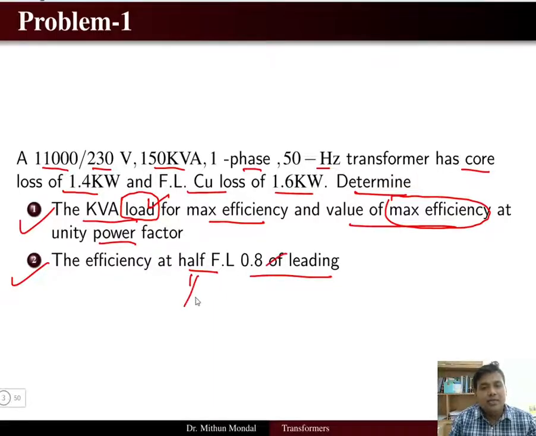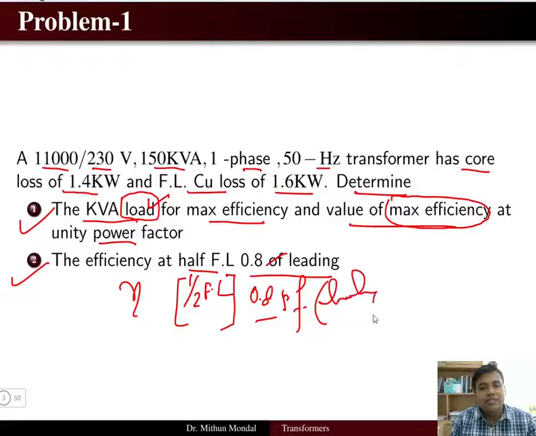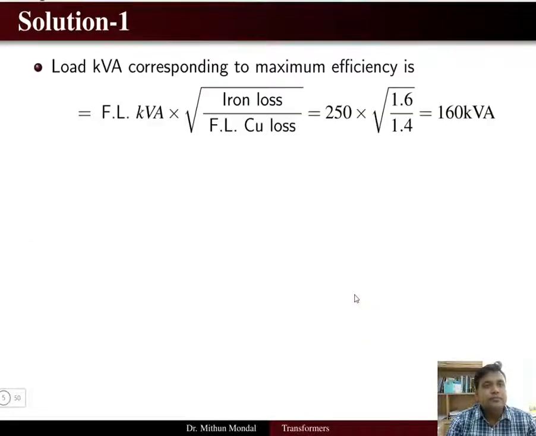That is, what will be the efficiency when you operate your transformer at half full load, which is 0.5 of full load, at 0.8 power factor under the leading condition, not the lagging condition. So let us see the solution.